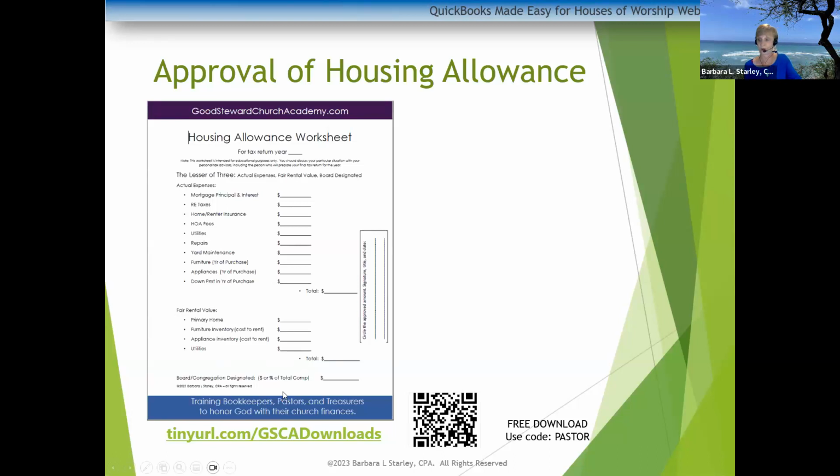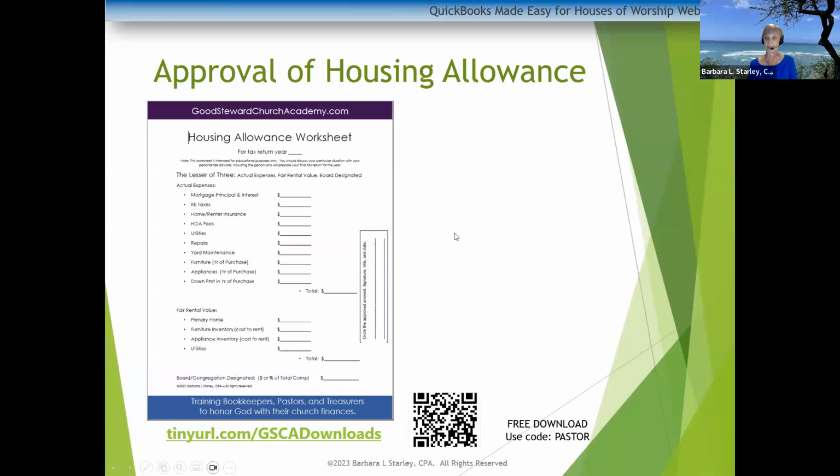And then to the point of the one that said 25%, if the board has said we will never approve a housing allowance for more than 25% of compensation, and let's say the whole pie is $80,000, remember, go back to the pie, and they say only a quarter of that pie can be for housing allowance. You're talking about $20,000.